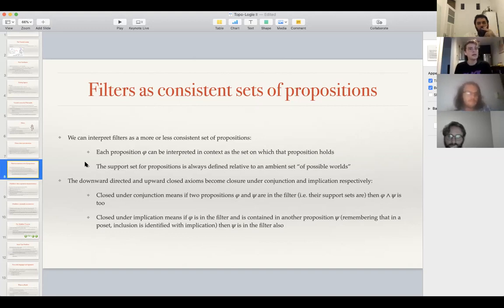But the idea is that you can actually model a proposition within an ambient space as simply the set on which that proposition holds true. And we can think of this as an analog for the proposition itself, within this context.